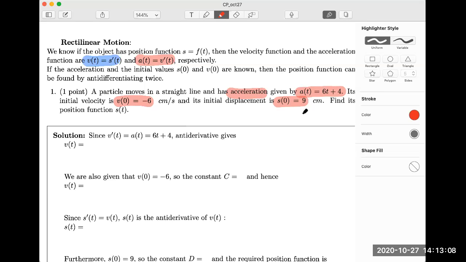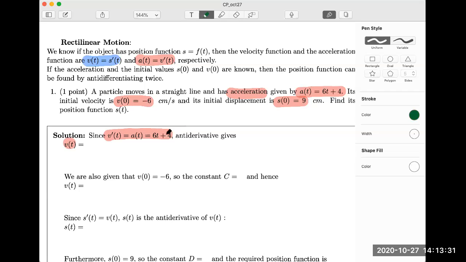So we know that the acceleration is the first derivative of the velocity field. It means that we can find the velocity field by taking the antiderivative of a, which will give us v, right?